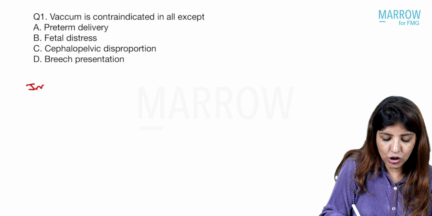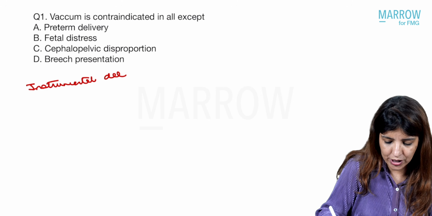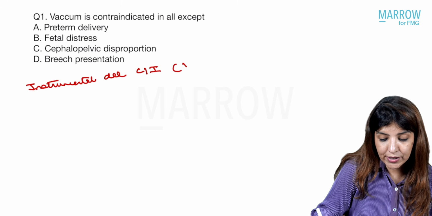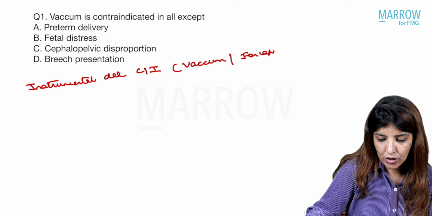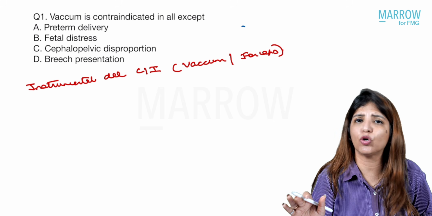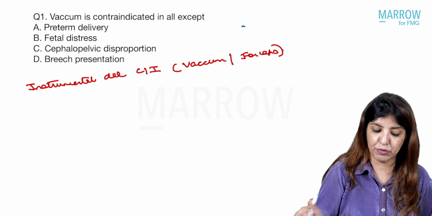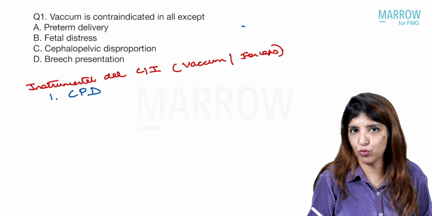is instrumental delivery contraindicated. Instrumental delivery includes vacuum and forceps both. So what are those conditions where you will neither put a vacuum nor forceps? Number one, if there is cephalopelvic disproportion.